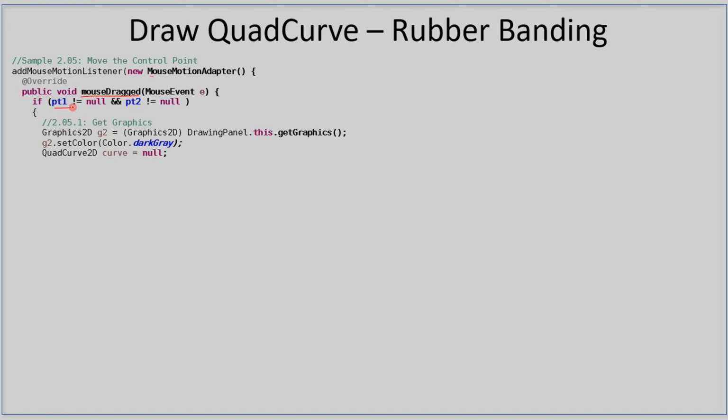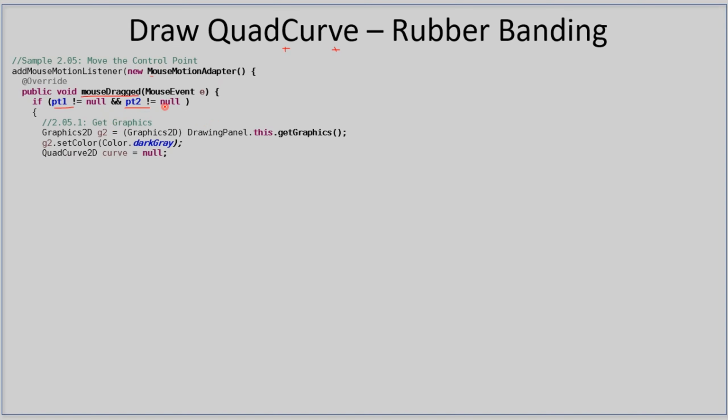First we check point 1 is not null and point 2 is not null. That means when you are dragging the mouse, we are checking that point 1 and point 2 are already available. Now you are dragging the mouse after deciding the control point.